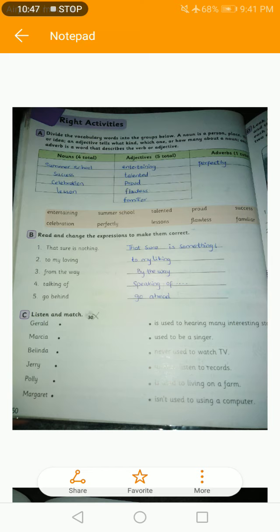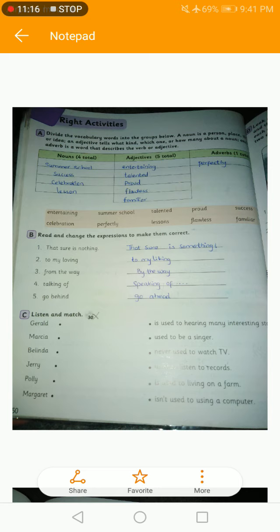Okay, so now we have an exercise. We read and change the expressions to make them correct. So we have expressions which are wrong, and you have to make them correct. The first one, that sure is nothing. This is wrong because the correct expression is that sure is something. Then to my loving, the second one, is also wrong.